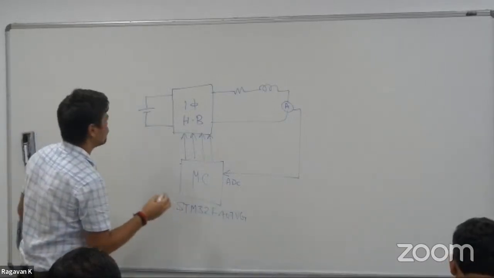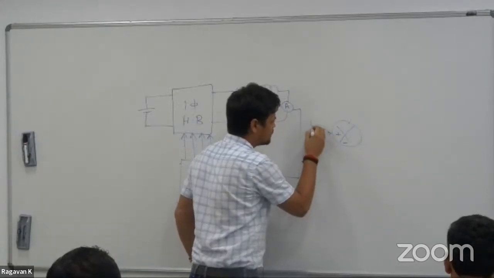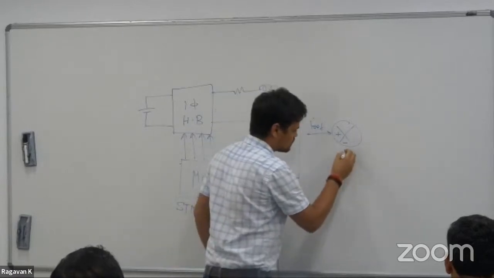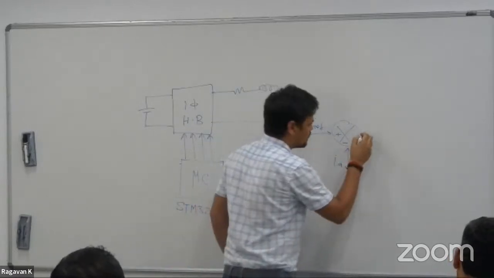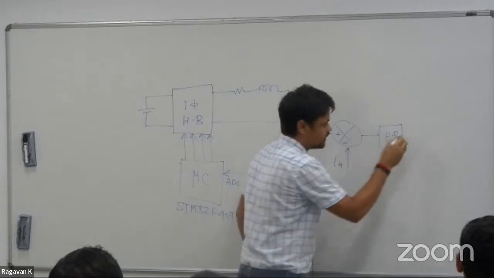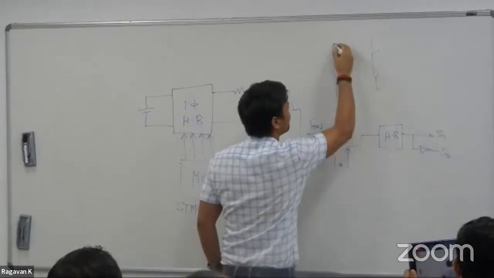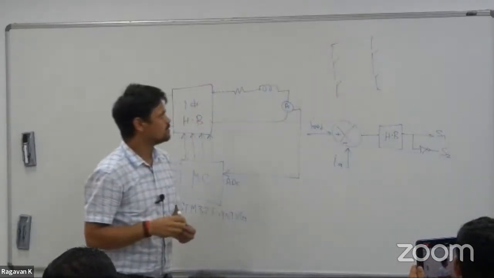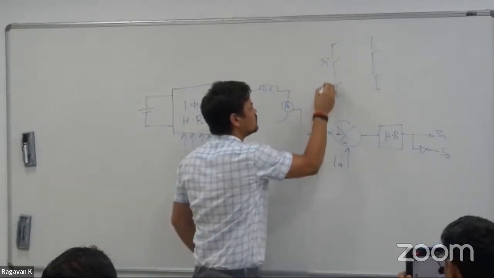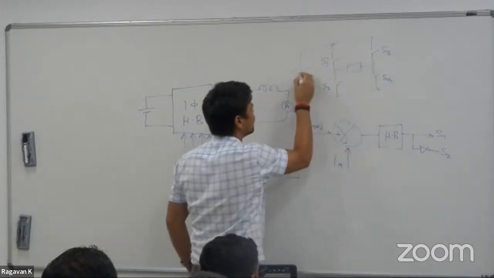So if you see the block diagram there, this is simply I reference and this is I actual. For a single phase inverter, it is not IGBT based here, but switch 1, switch 2, with a DC supply.